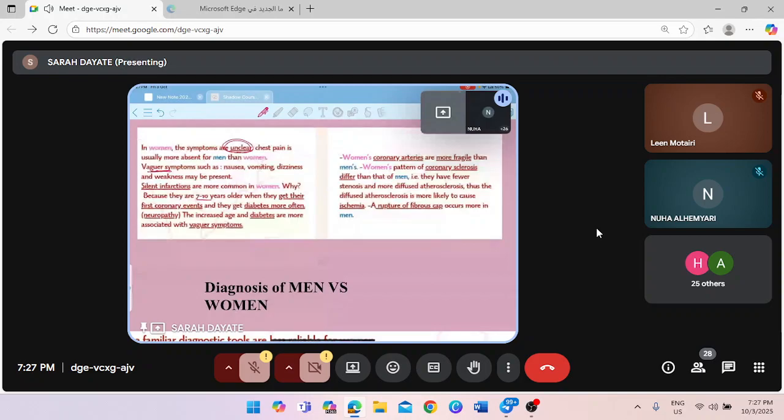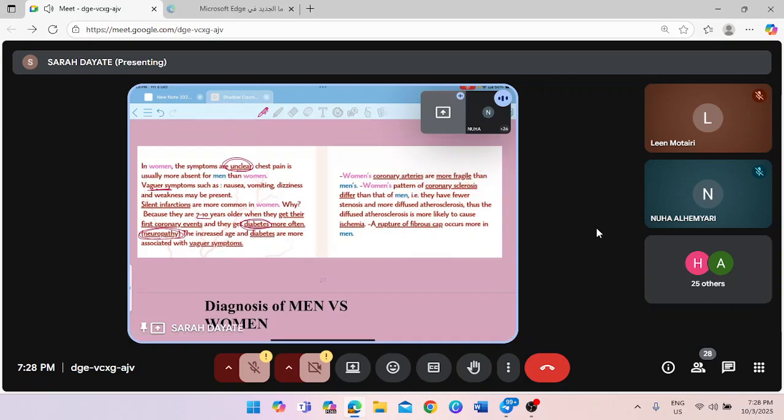For example, a man will get it at 40, the woman will get it at 50. Also, they get diabetes more often, and this is where neuropathy comes in, which I explained previously. All this can lead to vaguer symptoms.